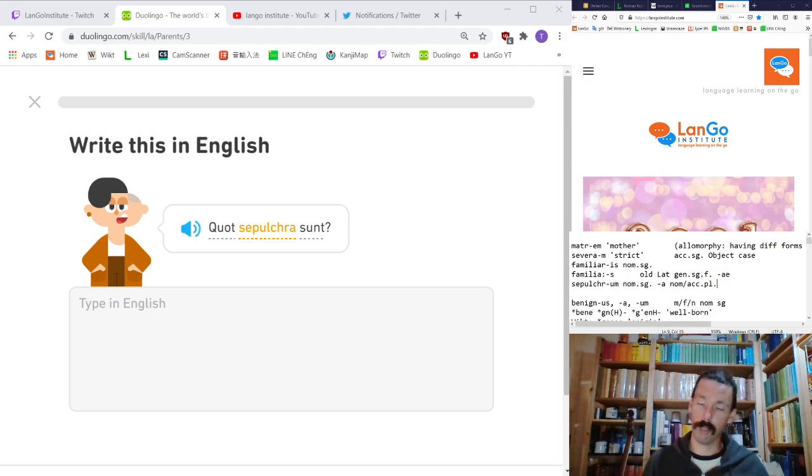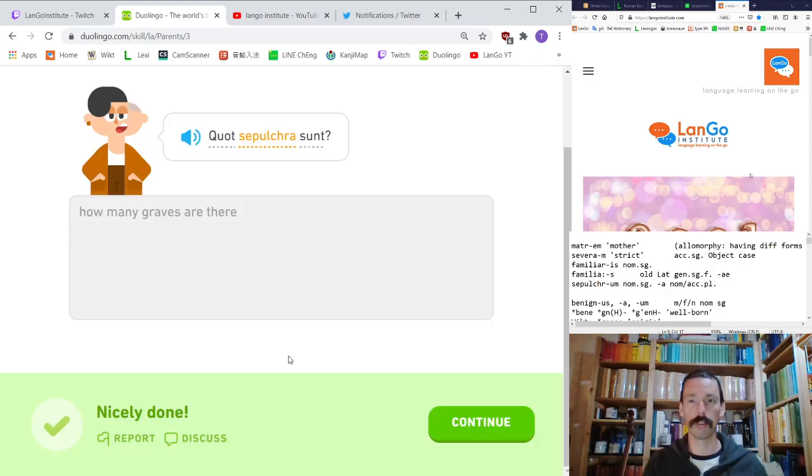So that we have in English too, continuum with the plural continua. Sepulchra, and that makes sense because quot means how many. How many graves, and then sunt is the copula, but it also has this existential use where we will say are there in English.